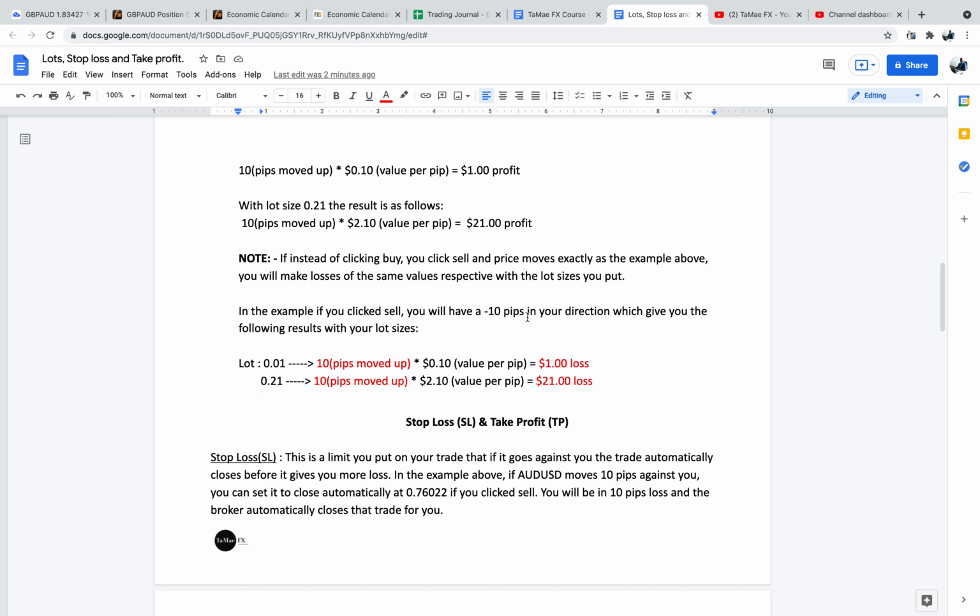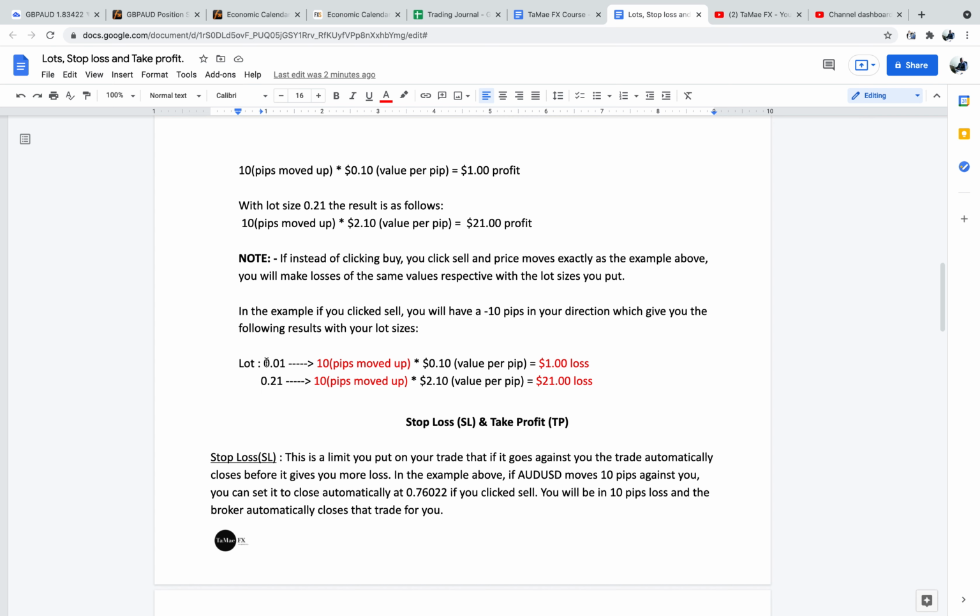Okay, so lot size 0.01, the price has moved 10 pips up, it means you are in negative. That's why I put red here, times 0.10, which is the value per pip, as you are using 0.01 lot size.